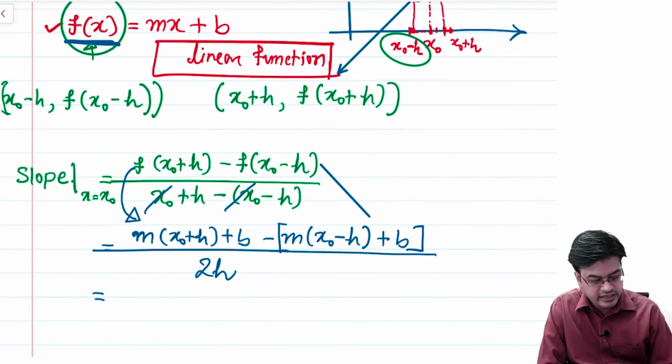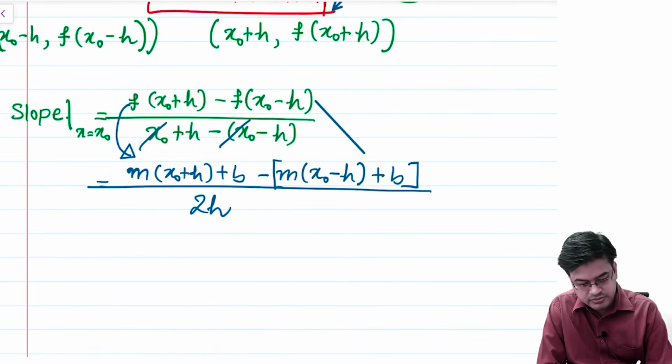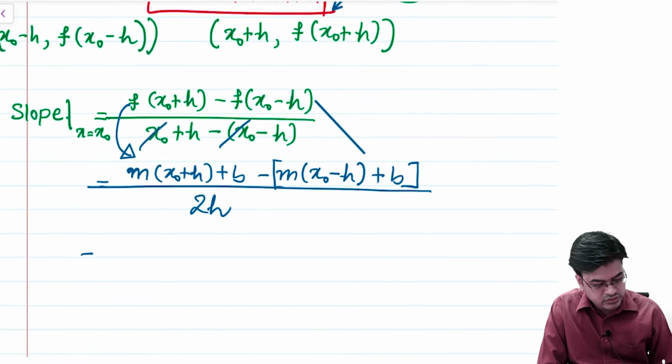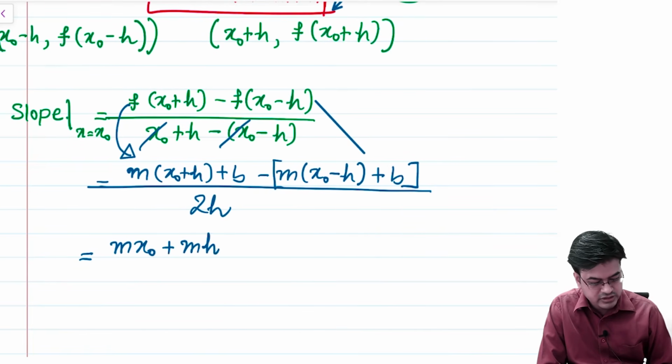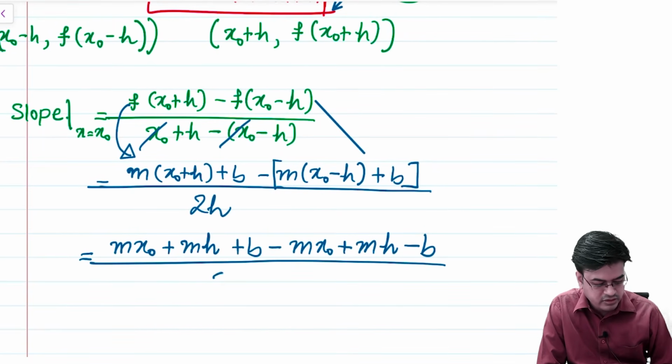So for clarity I will rewrite one more step so that there won't be any confusion. So this is m times x naught plus m times h plus b minus m times x naught, minus minus will become plus, plus m times h, plus b will become minus b, upon 2h.